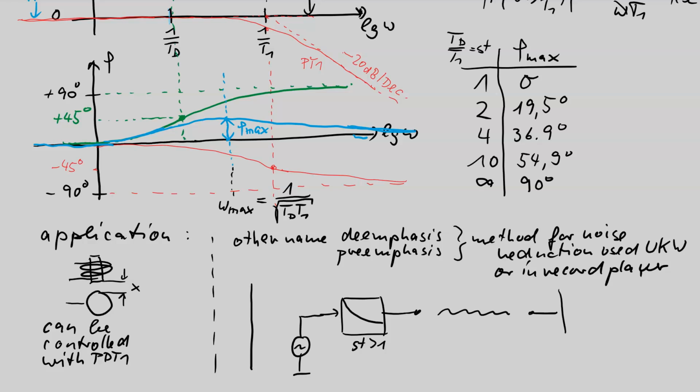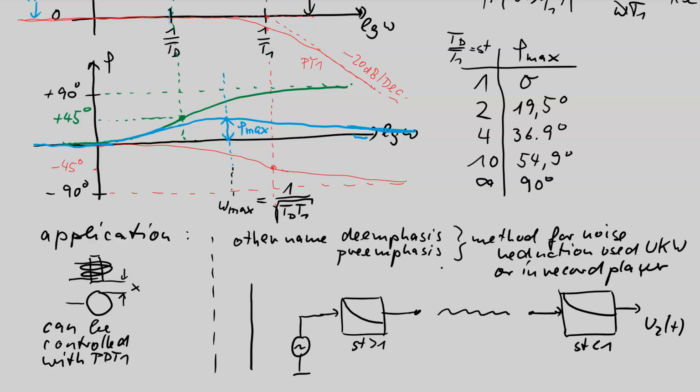In the receiver or in the record player, I have a PDT1 with step smaller than one, same value but the inverse value, and then I have my signal, say U2 of t.